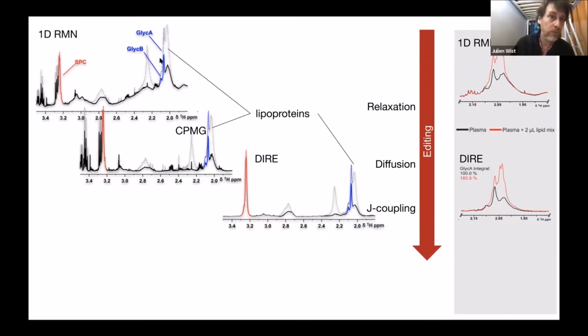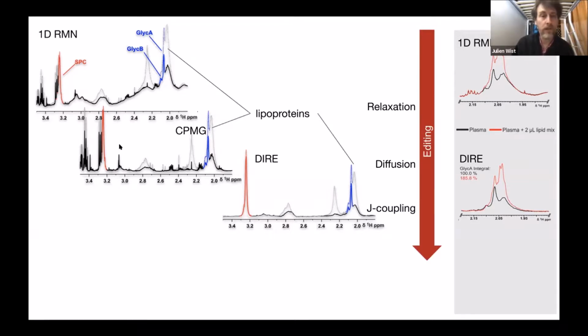And on top of that, we recognize the GlycA and GlycB signals, and we can also see SPC. But if we look at GlycA, there is a strong overlap with remnant signal from lipoproteins on the right, on the high field. And then if we look at SPC, we also have overlap with small molecule signals from glucose on the left-hand side.